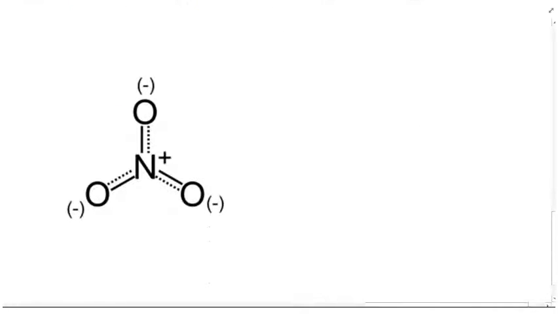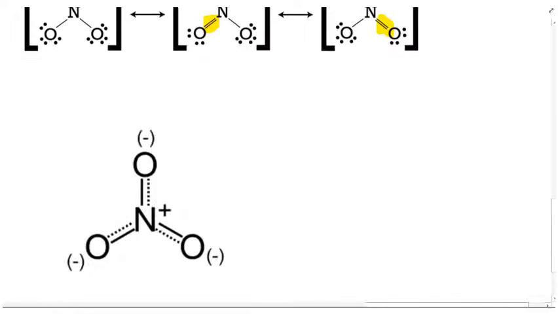And another way that we can draw this resonance structure is like this, okay? Because the double bond is actually not fixed, it's going around. And that's what these dotted lines are representing, because the double bond is equally shared among the 3 oxygens, between nitrogen and oxygen.